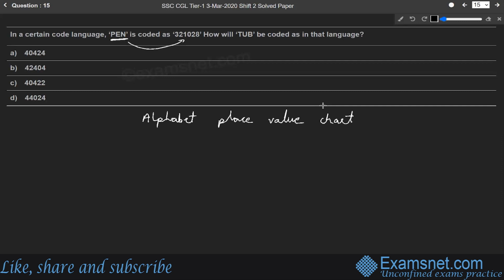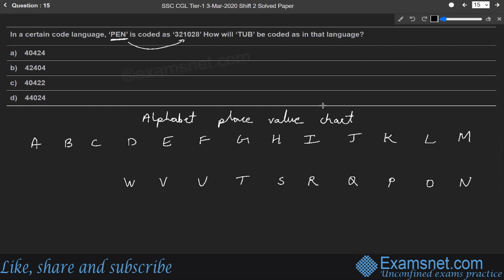So to make the alphabet place value chart, first we need to write all the alphabets in alphabetical order. So A, B, C, D, E, F, G, H, I, J, K, L, M, followed by N, O, P, Q, R, S, T, U, V, W, X, Y, and Z. These are the 26 alphabets.